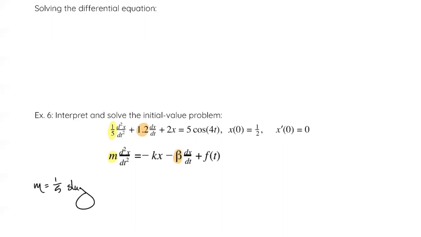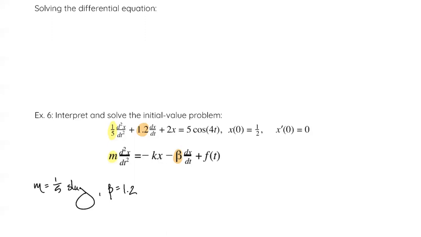So we might say that our beta is 1.2. Maybe another way of saying that is that the damping force is 1.2 times the instantaneous velocity. That might be a phrase we can use to give that number.